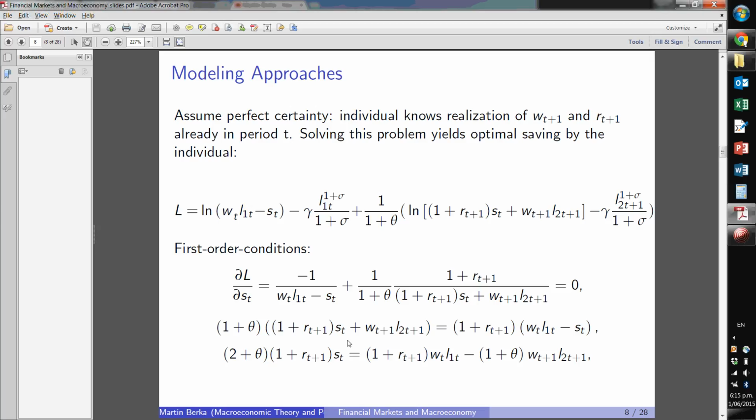And finally, I can simplify that expression by collecting R T plus 1 times S on both sides of this equation and putting them in here. So that's why the 1 plus theta becomes 2 plus theta, because we added one more 1 plus R T plus 1 times S. So it is present here as well as here. Right? So it's a little more complicated to derive, but not too bad.